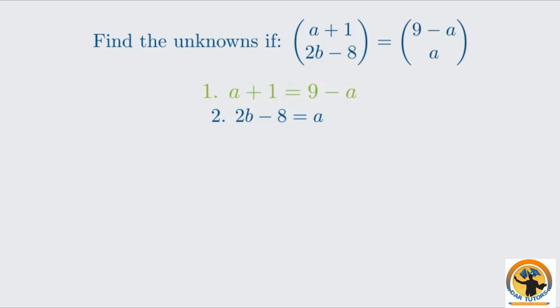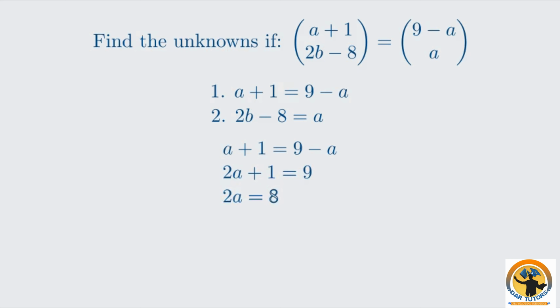Now we can solve this system. Let's start with the first equation, as it only involves a. Adding a to both sides gives 2a plus 1 equals 9. Subtracting 1 from both sides gives 2a equals 8. Dividing by 2, we find that a equals 4. Now that we have the value of a, we can substitute it into the second equation to find b.